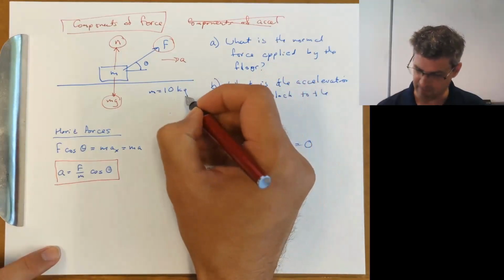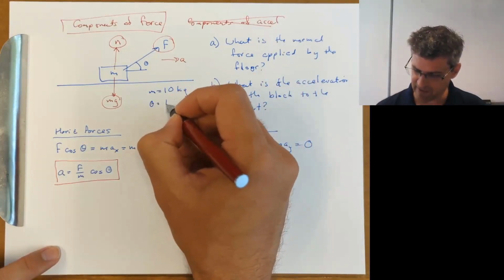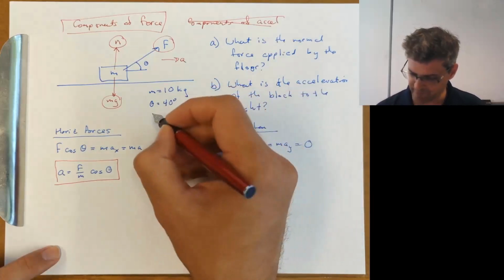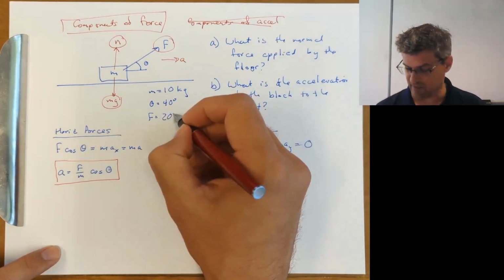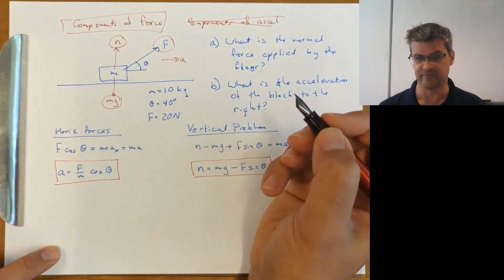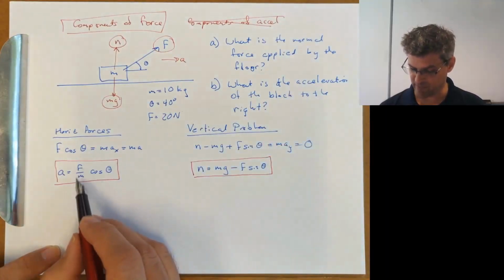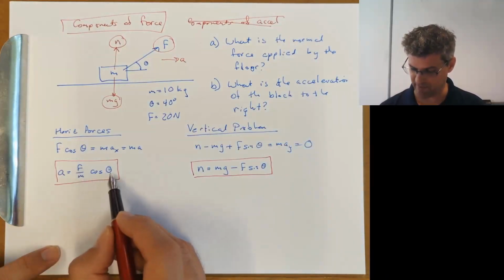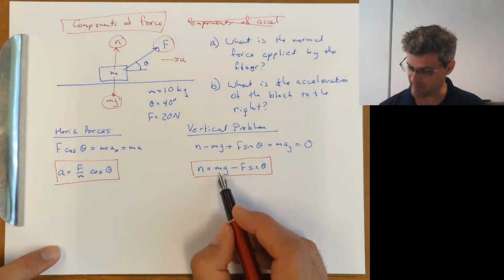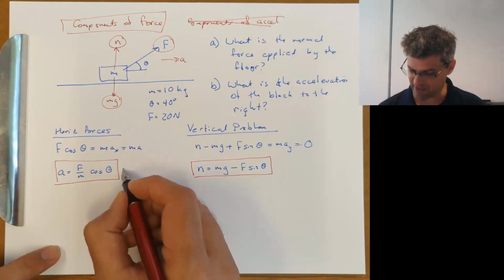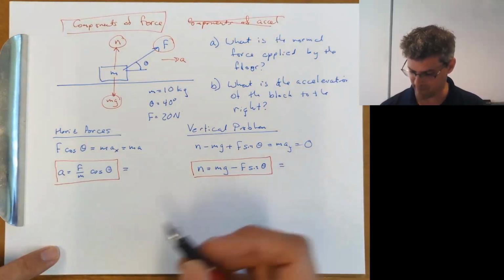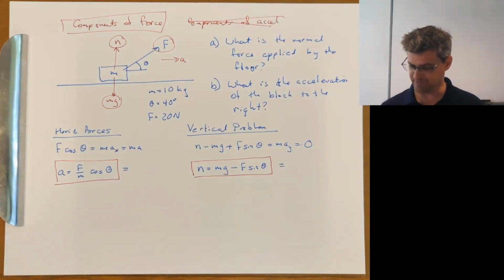Great. Maybe angle theta is 40 degrees. Great. Maybe we're told that the force that's applied is 20 newtons. Okay, so in this problem, I know F, I know m, and I know theta. In this problem, I know m, I know g, I know F, and I know theta. I could actually calculate numbers for both of these things if I wished.